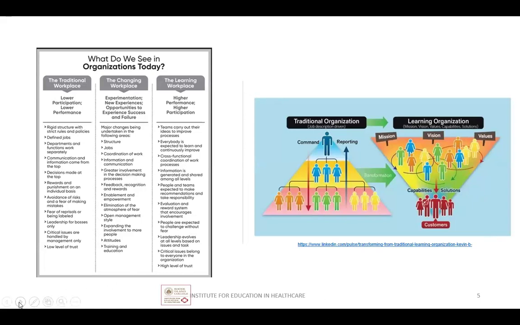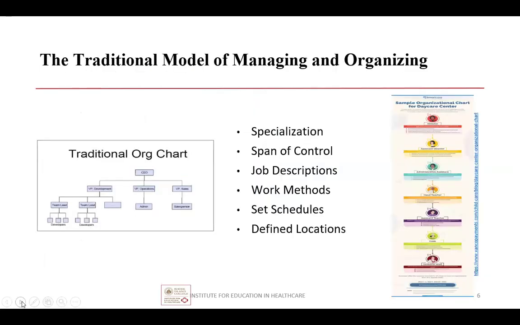Let's learn a little bit about the traditional model. The original purposes of managing and organizing, as stated, were set to fit the needs of that economic era. When we look back on the traditional model, we see that it generated concepts such as specialization, which focused on different skill sets and different departments for different activities such as engineering, marketing, service design, finance, etc. Span of control focused on distinct levels of authority, reporting, and decision-making.